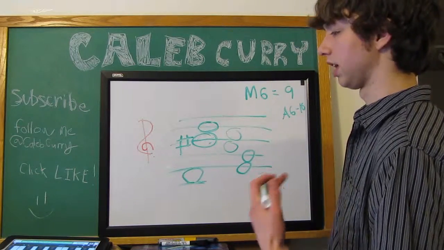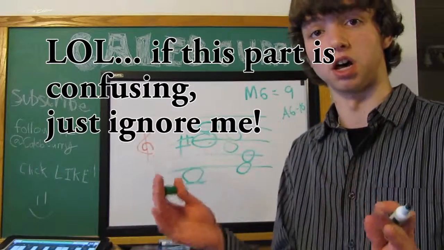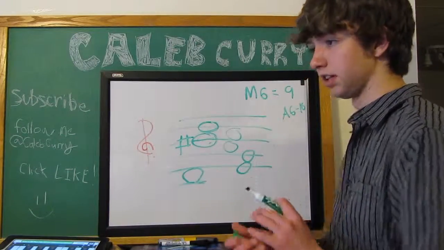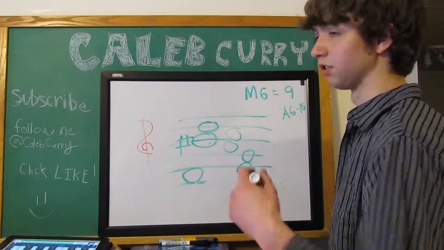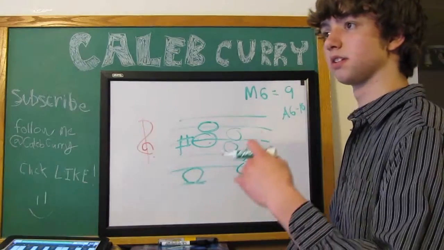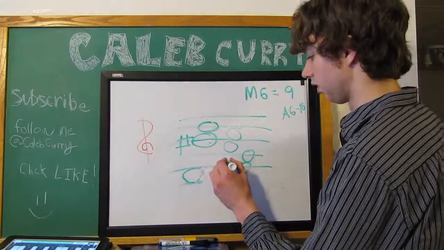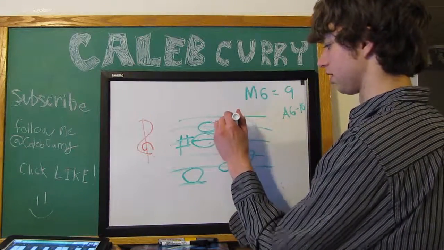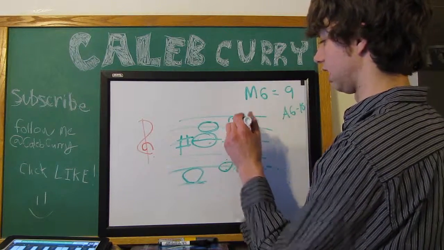And if you're on a line and you're going to a line, it's odd. But if you're going to a space, it's even. Same for if you're on a space and go to a space, it's odd. And if you're going to a line, it's even. For example, from this line to this space, it's going to be even. 1, 2, 3, 4, 5, 6, 7, 8.